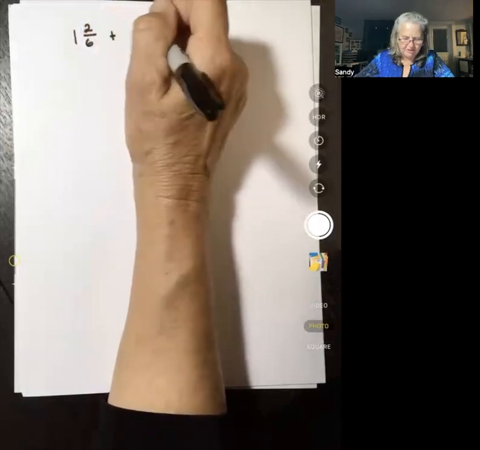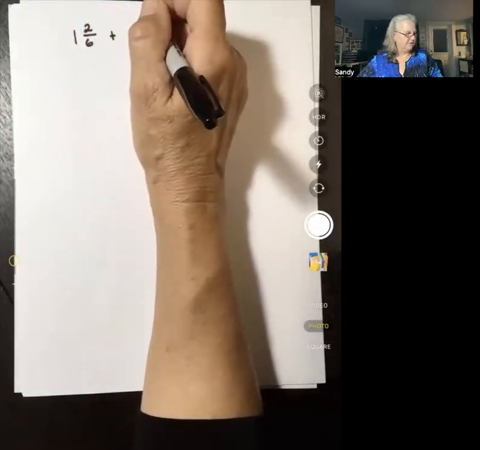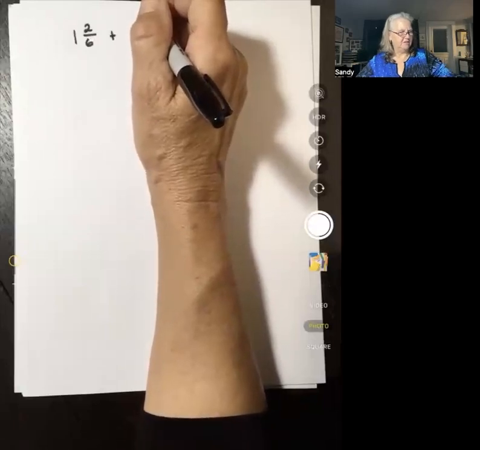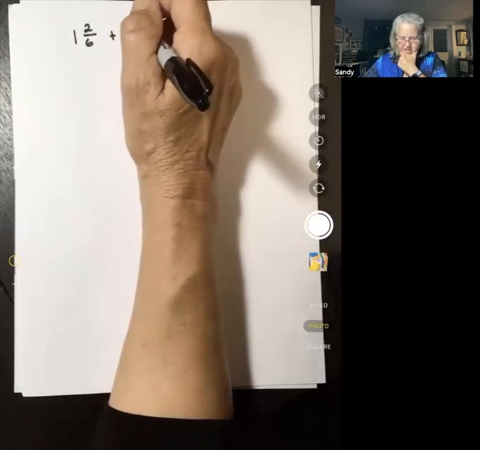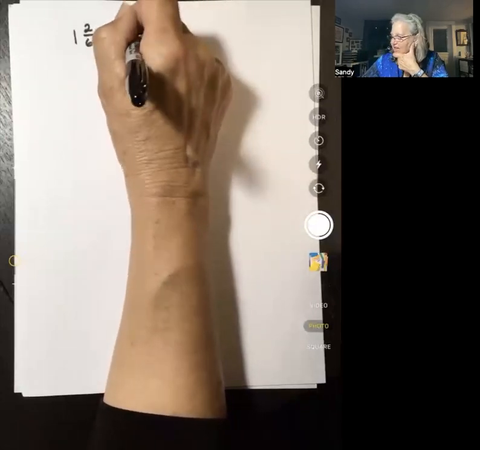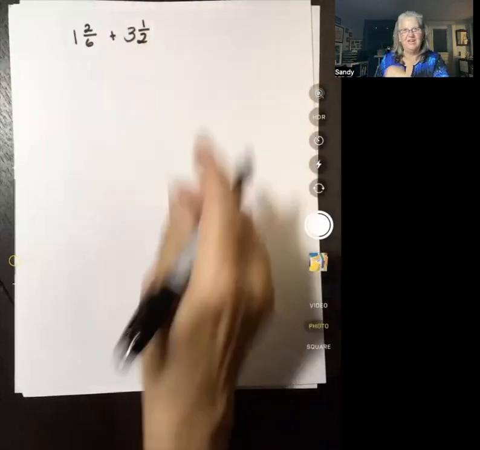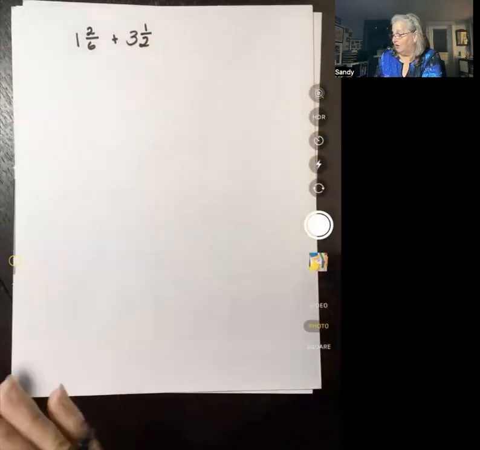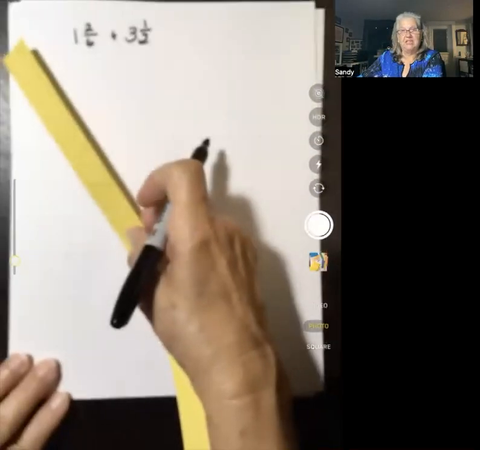addition. Let's say I'm going to do 1 and 2/6 plus 3 and 1/2. Okay. Now, we do this. I'm going to draw the picture. I'm not going to use the actual pieces.